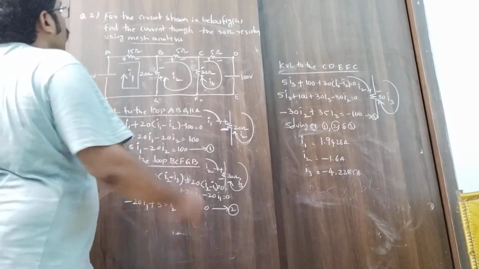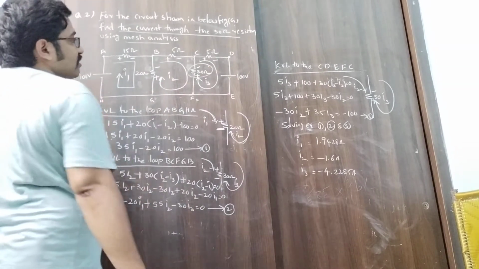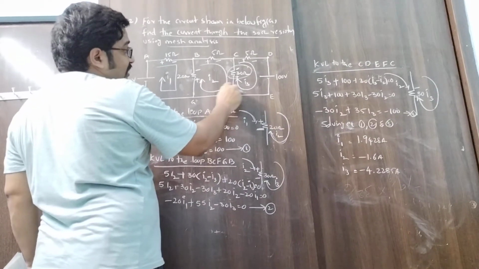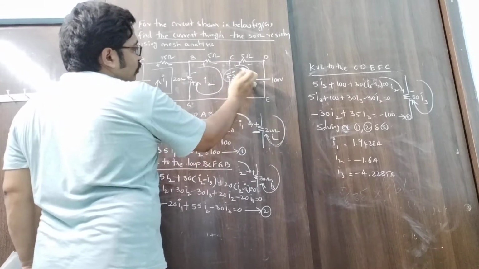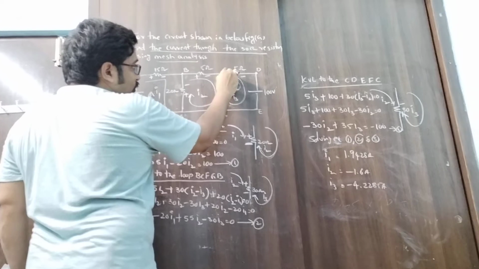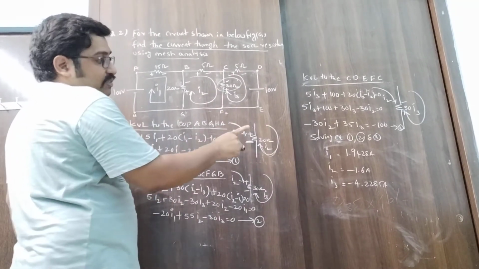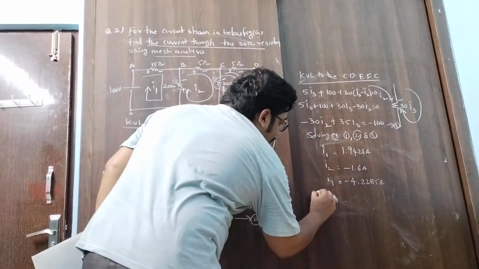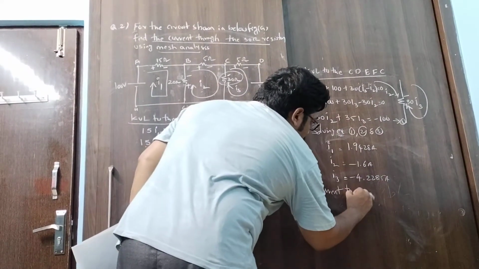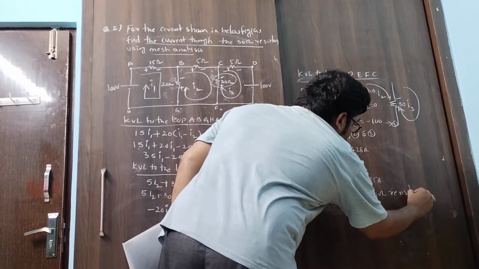Now you need to find out what is the current through the 30 ohm resistor. The 30 ohm resistor is located between the second current and third current. So observe the second current and third current. You need to write the current through the 30 ohm resistor.